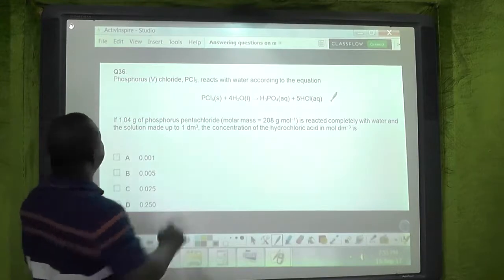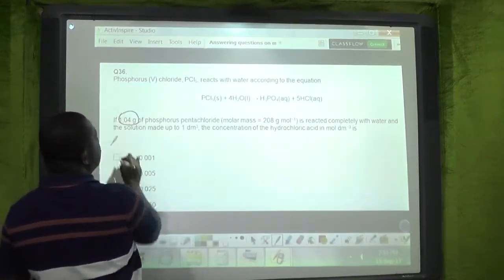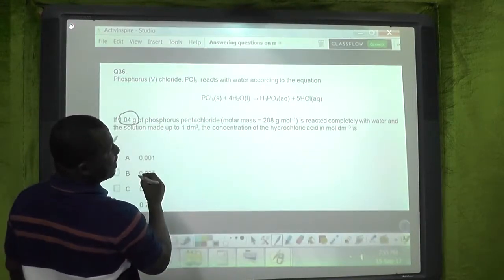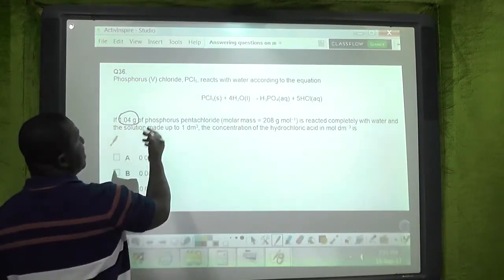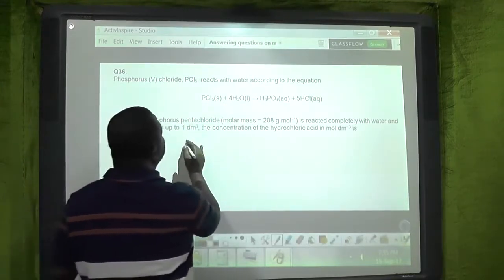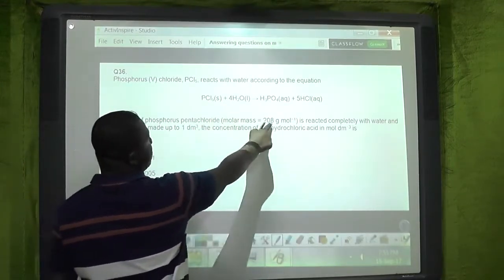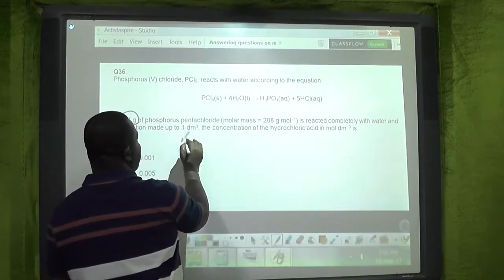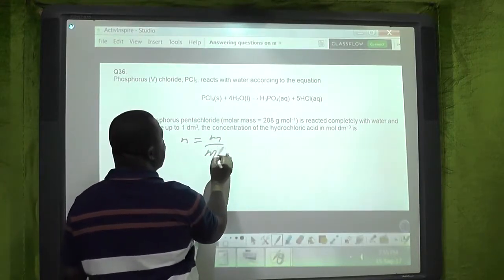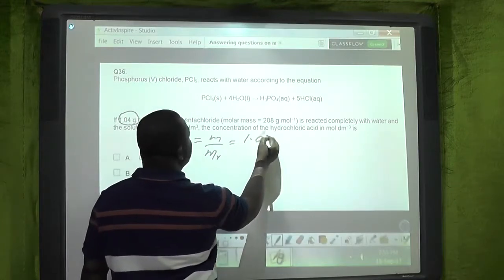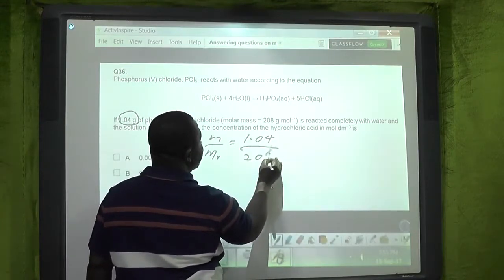So we are given this amount of phosphorus pentachloride, and it reacted completely. Then how much of this phosphorus pentachloride is in this? So n equals m over Mr, which equals 1.04 divided by 208.